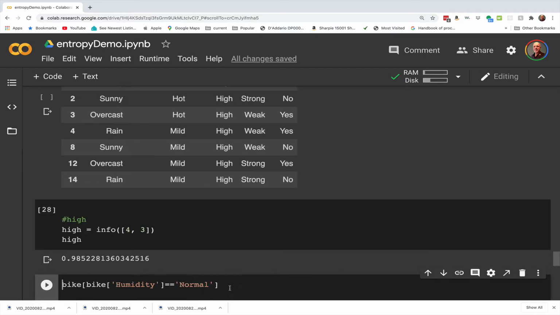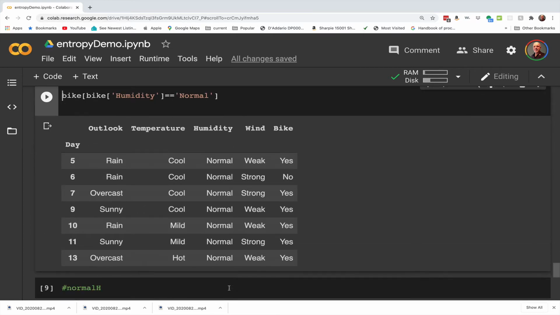And when humidity is normal, that's the chart we got. There's 7 of them, I guess. 1, 2, 3, 4, 5, 6, 7. Yes. And 6 times when it was normal, the person mountain biked.